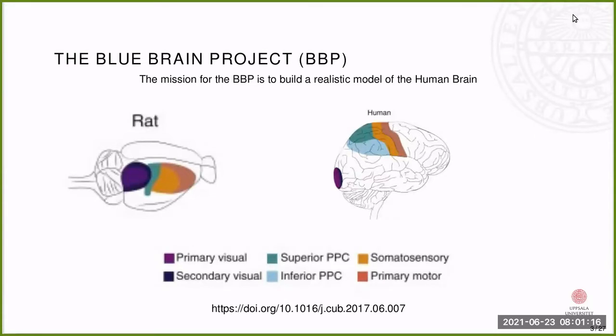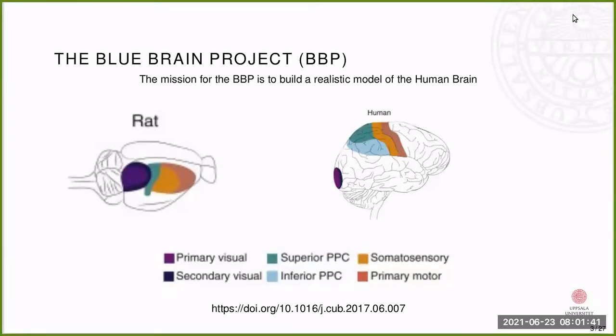The Blue Brain Project is a Swiss research group, and their goal is to build a realistic model of the human brain. A couple of the reasons for doing so are to be able to stop animal testing and to address issues of neurological disorders.